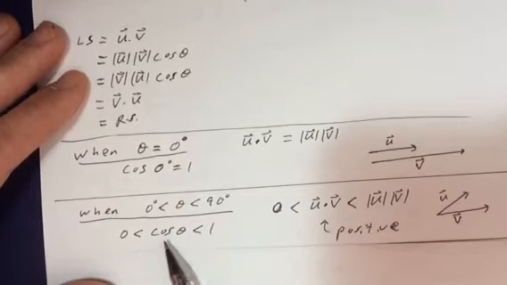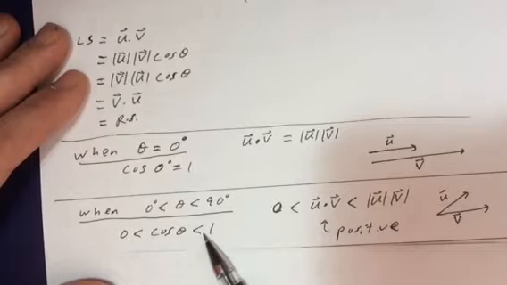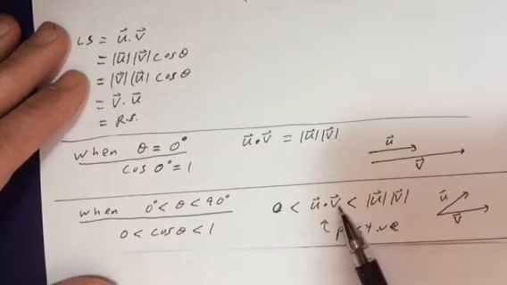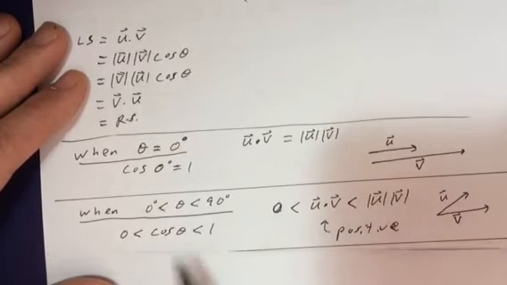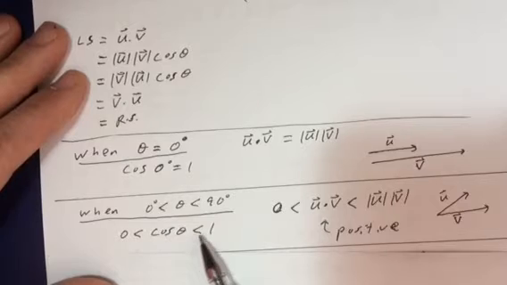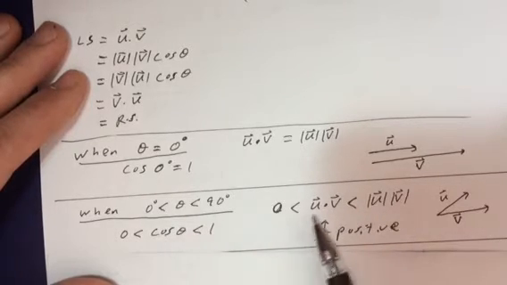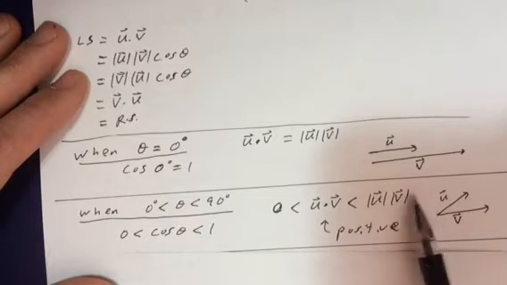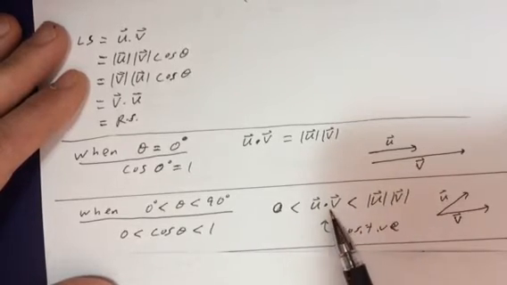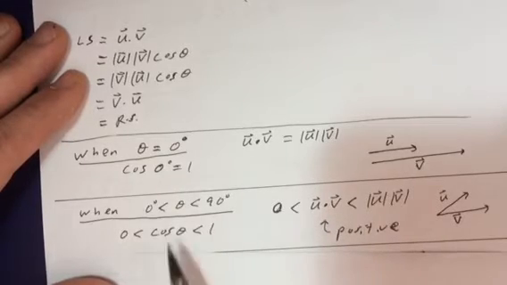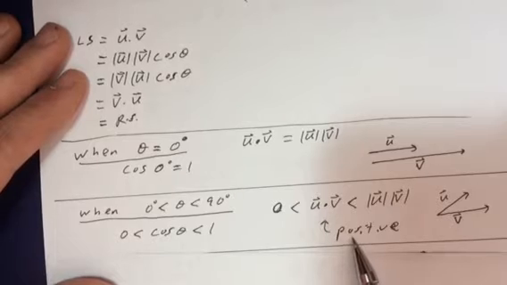So if that's true, then u dot v is never going to equal the magnitude of u times the magnitude of v, because cos theta is less than 1. So magnitude of u times magnitude of v times cos theta is less than 1, this is the max it can be. So this is going to be positive. Whenever the angle is between 0 and 90, u dot v is going to be positive. And this is what the vectors would look like.